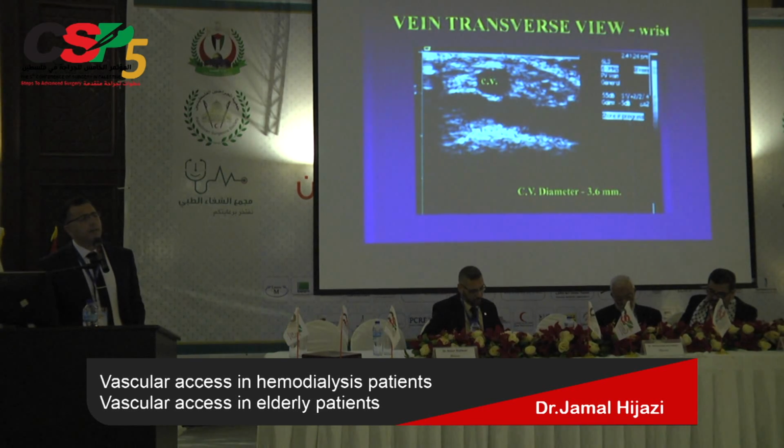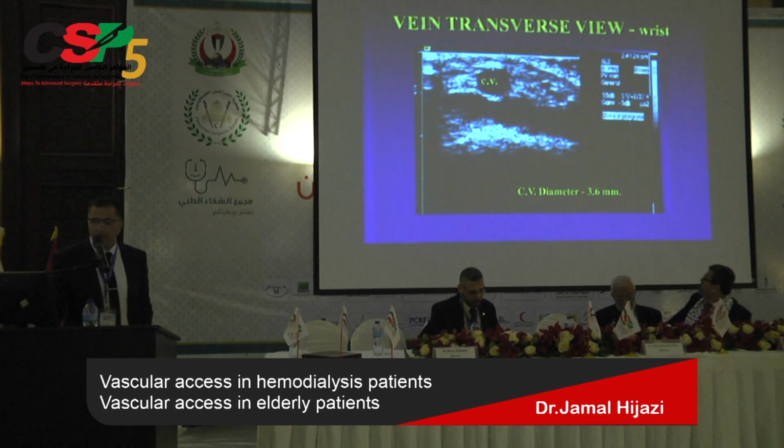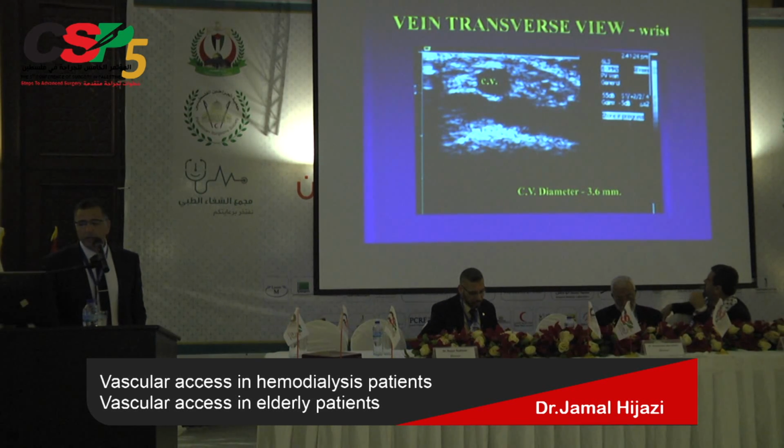We know that the better diameter for access creation for cephalic vein is more than 3 millimeters. Here's an example of a cephalic vein at the wrist with 3.6 millimeters, good for access creation.